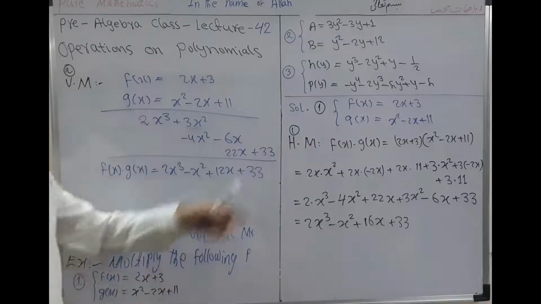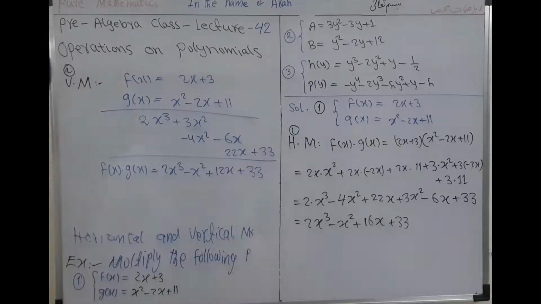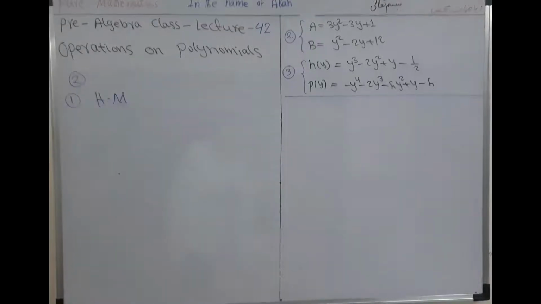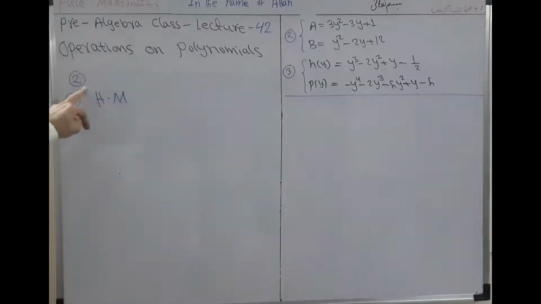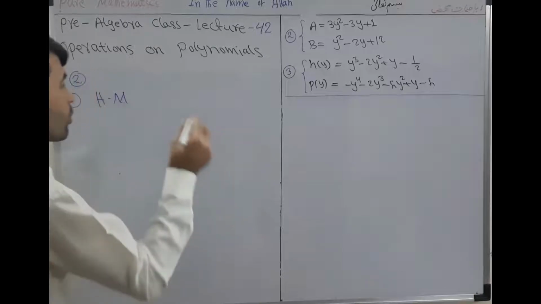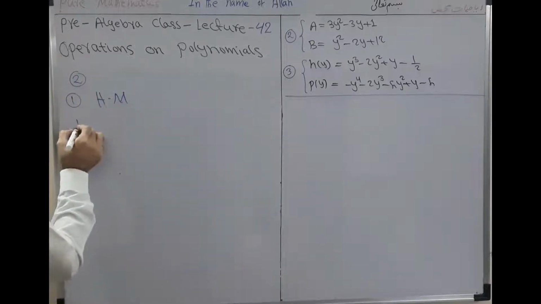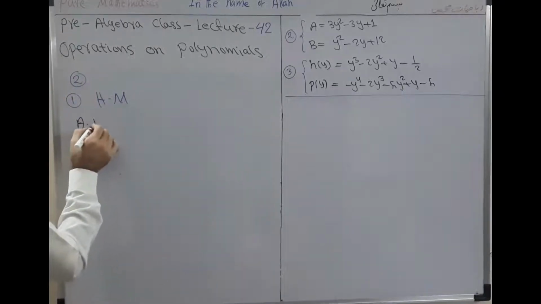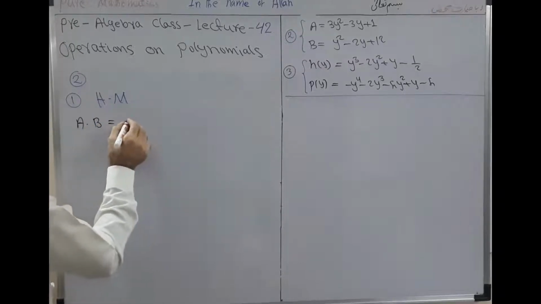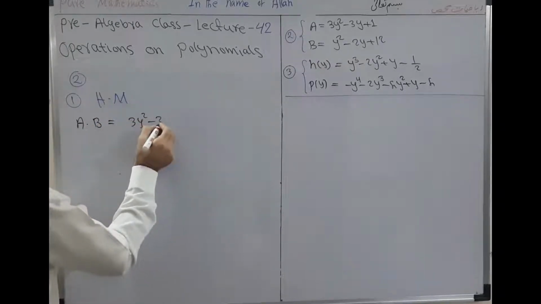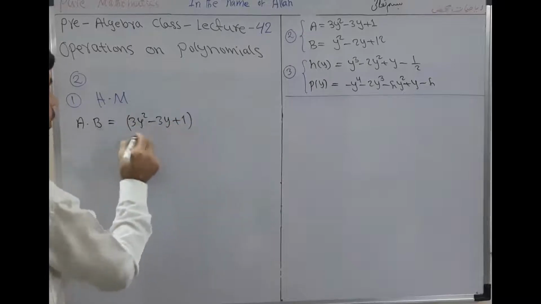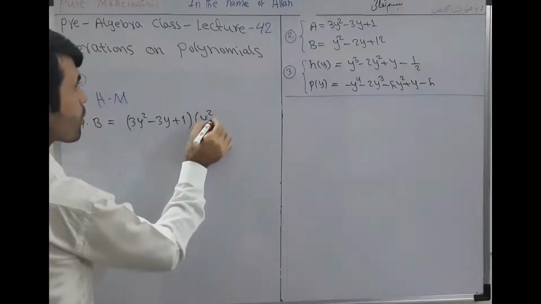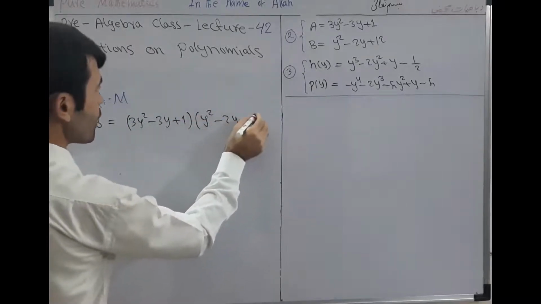Now we want to solve question 2. Question 2, horizontal method. We want to find a multiplied by b, which is 3y squared minus 3y plus 1 multiplied by y squared minus 2y plus 12.